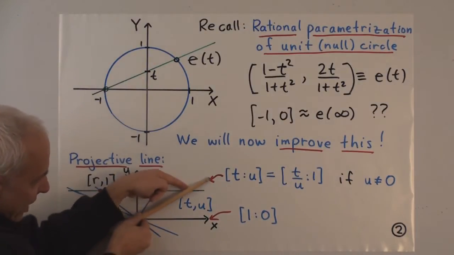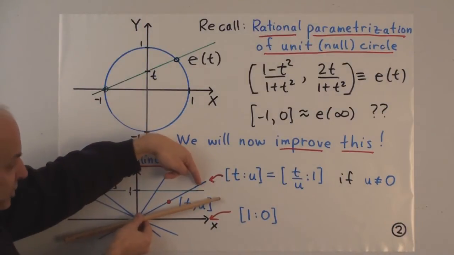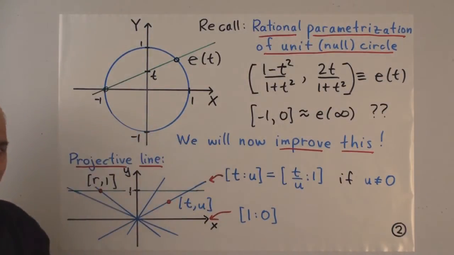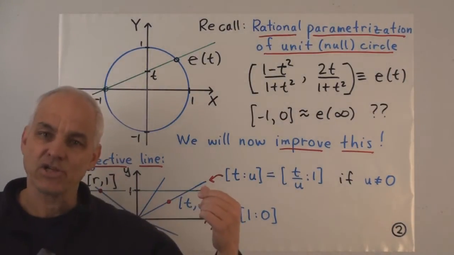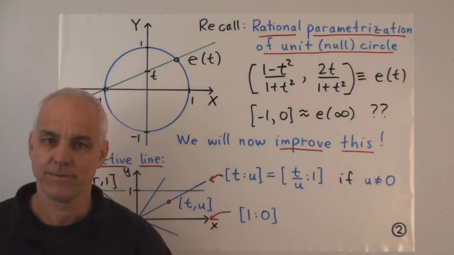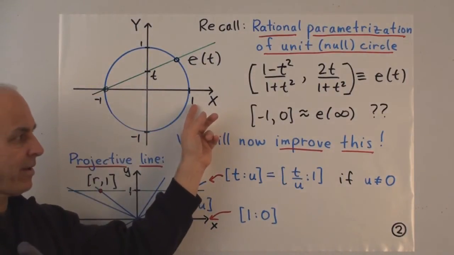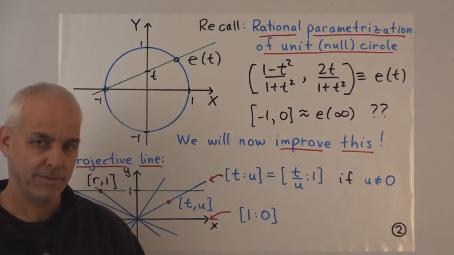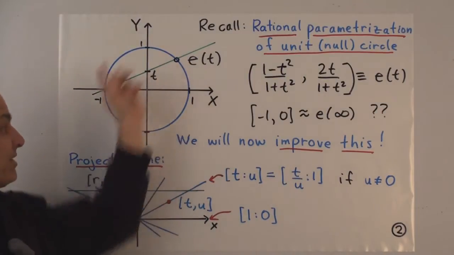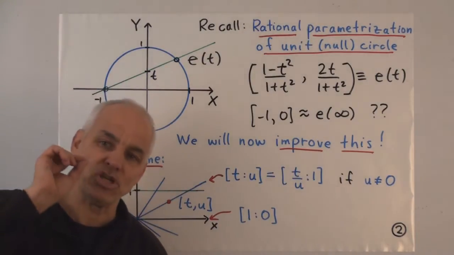If you move out in that direction there, further and further and further out, then the corresponding line through the origin approaches the horizontal, that particular value there. So the projective line gives us an extension of the rational numbers by one more point. And that's exactly what we need in order to parametrize this circle, because we needed rational parametrization plus one more point. So the idea is that we should parameterize this unit circle not with a rational line, but actually with a projective line.